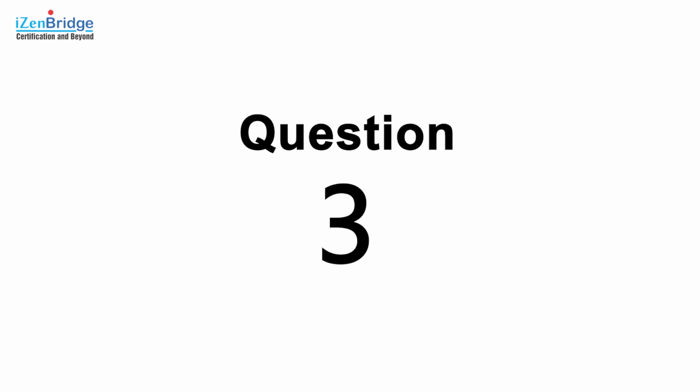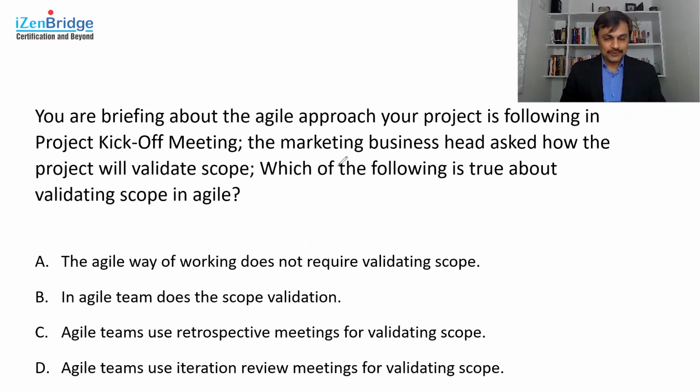Question 3. You are briefing about the agile approach your project is following in the project kickoff meeting. The marketing business head asked how the project will validate scope. Which of the following is true about validating scope in agile? Option A, the agile way of working does not require validating scope.